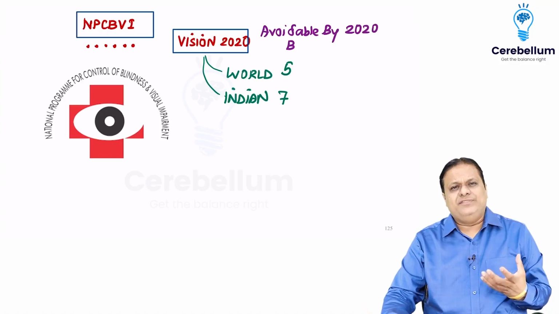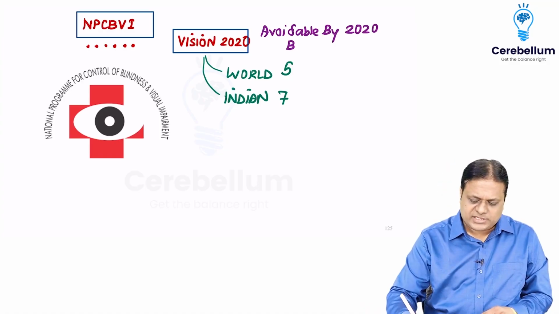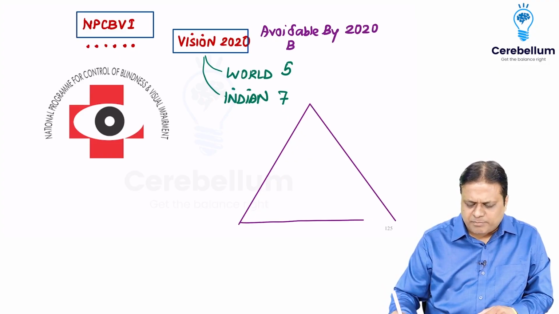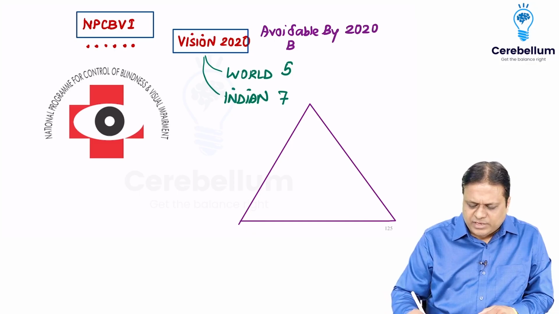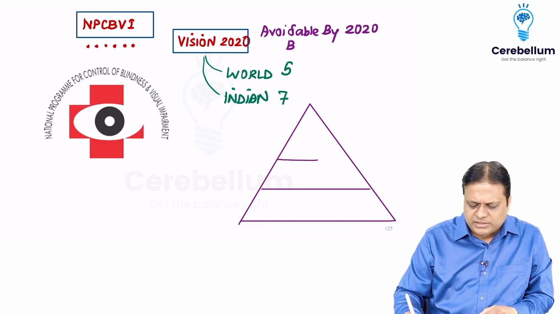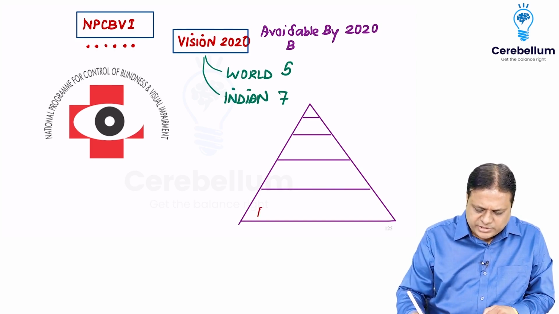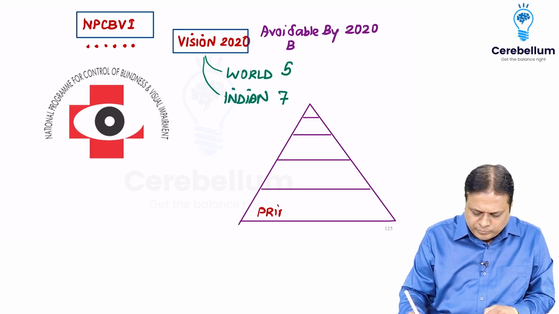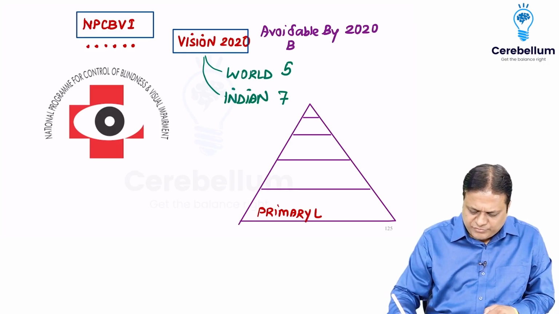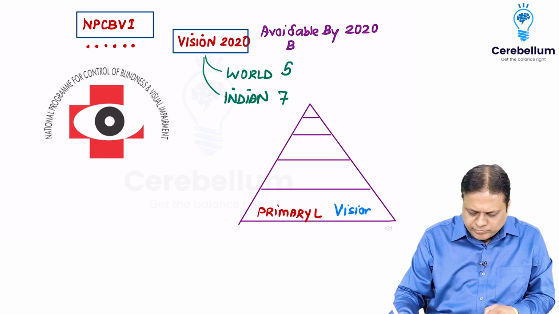Now, how are we delivering this Vision 2020 services in the country? To understand this, let us look at a pyramid where we have 5 levels of healthcare for this program. So, we have the lowest, primary level, where we have vision centers.